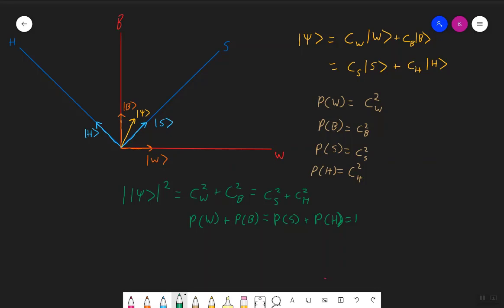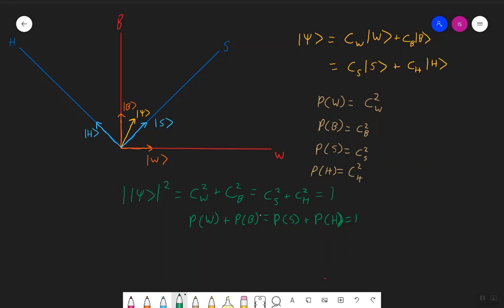We know it has to be proportional, so it's kind of arbitrary, but to be easier, we say that the probabilities are equal to the squares. And then we can show, given that psi, because these probabilities have to add up to 1, the magnitude of psi, or the magnitude squared of psi, is 1.